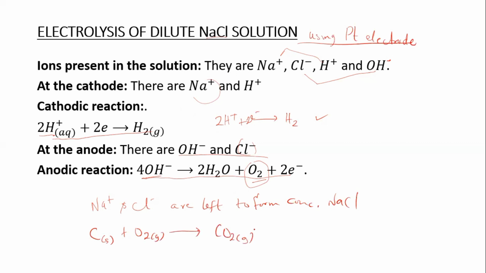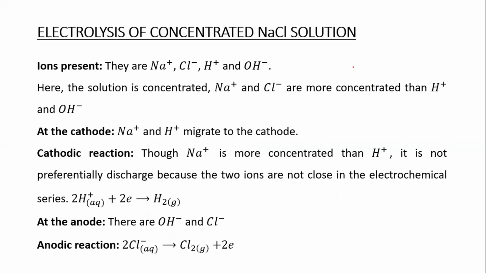And the CO2 will dissolve in the solution to produce a resulting acidic solution. And so you have to constantly replace the anode. That's why graphite is not the best electrode to use for the electrolysis of dilute sodium chloride solution. We use platinum electrode.